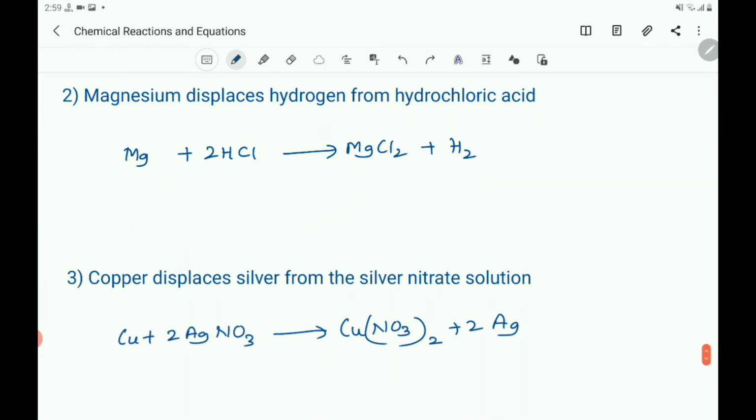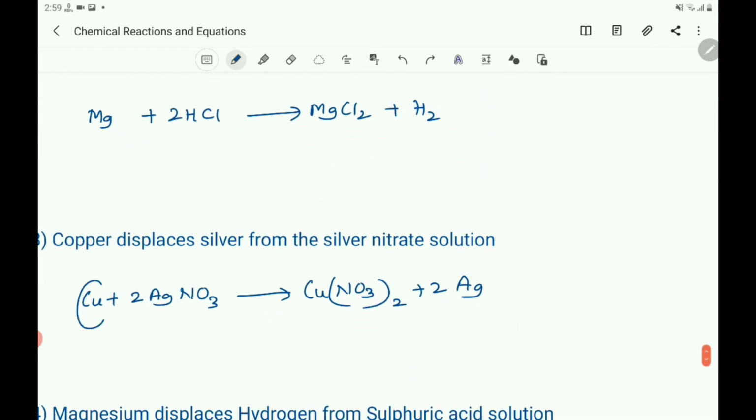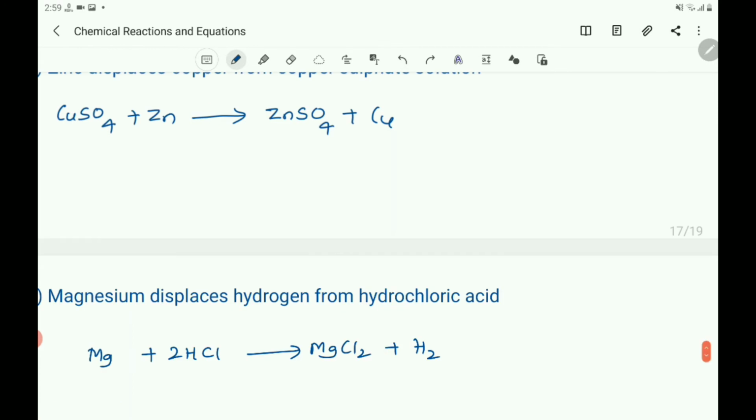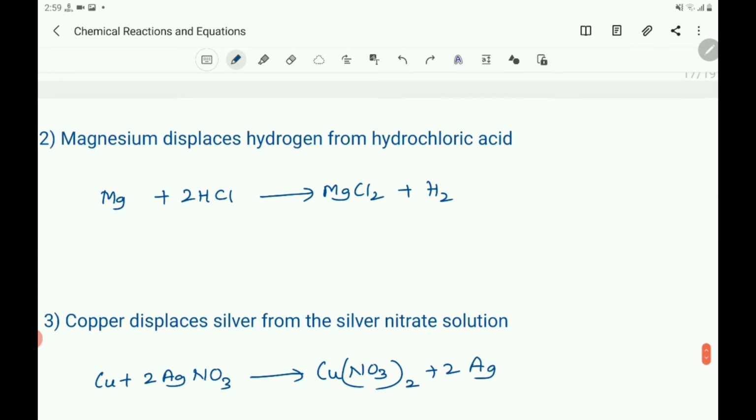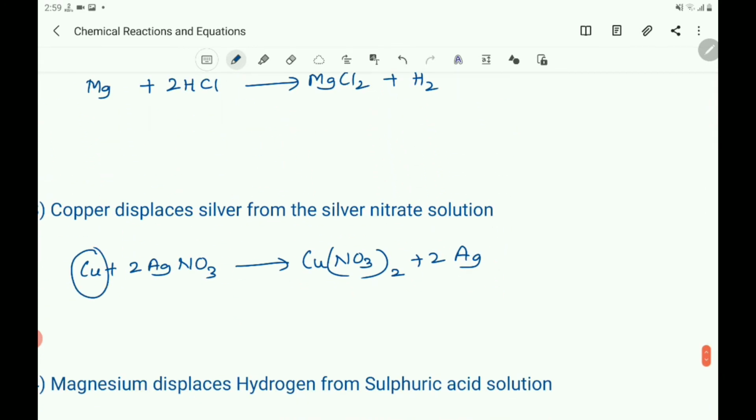Next, third example, copper displaces silver from silver nitrate solution. And here what you can observe, copper is more reactive than silver, so it displaces silver from silver nitrate solution.